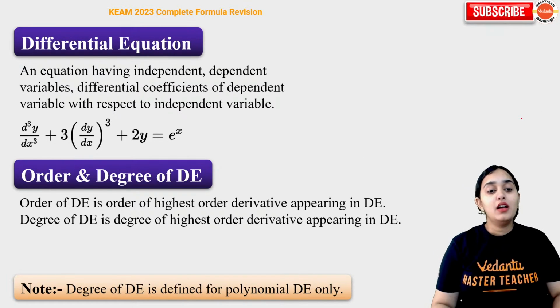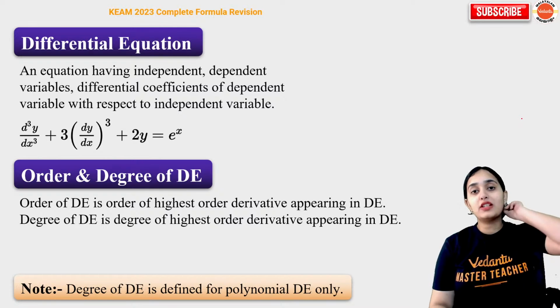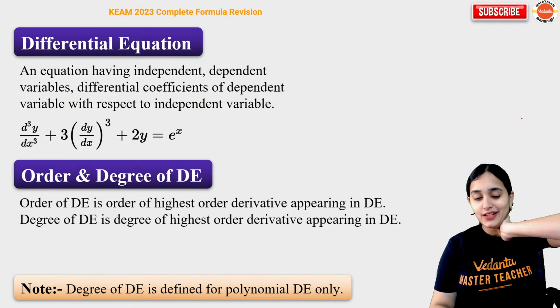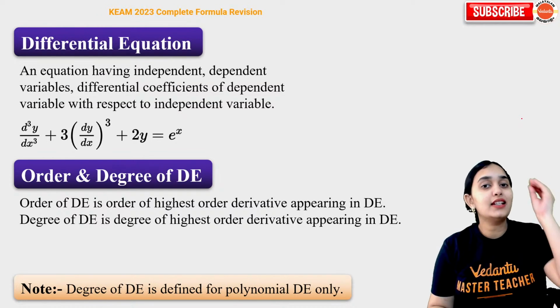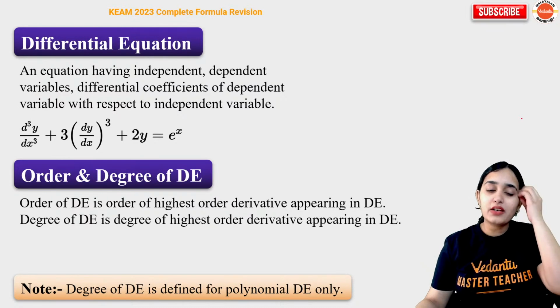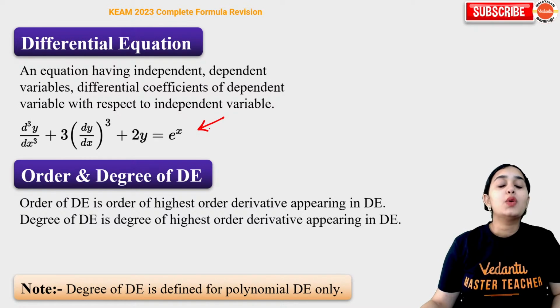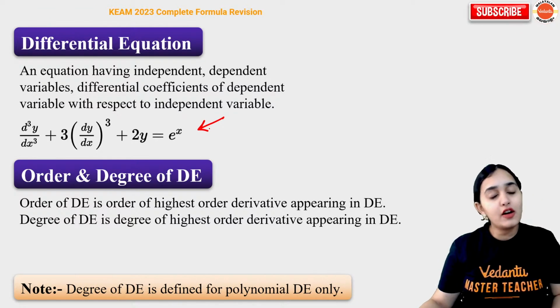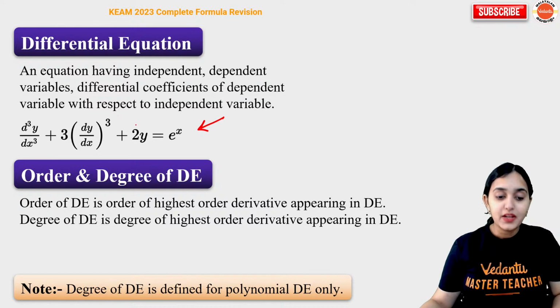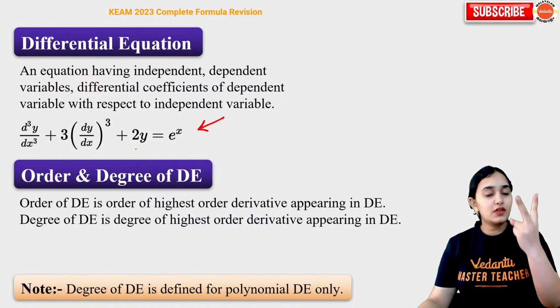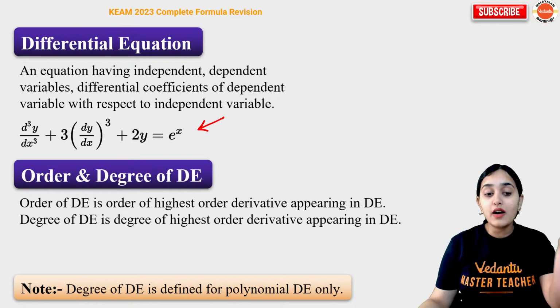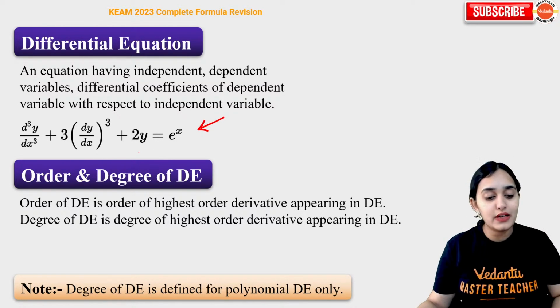Okay. Oh yeah, one more chapter was left for differential calculus, that is differential equations. Now, what is a differential equation? An equation which is made up of first order, second order, third order derivatives. In this, two simple terms are there: order and degree of a differential equation.